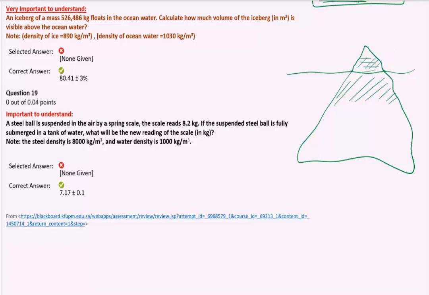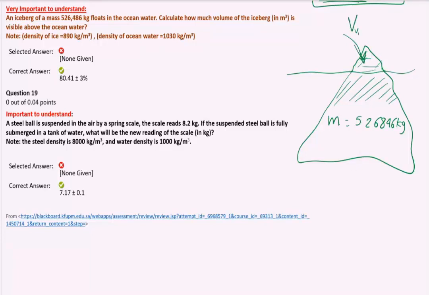Okay. So an iceberg of a mass 5.26846 kilogram, very large, floats in the ocean water. Calculate how much volume of the iceberg is visible above the ocean. So I need to calculate the visible volume, this part only.